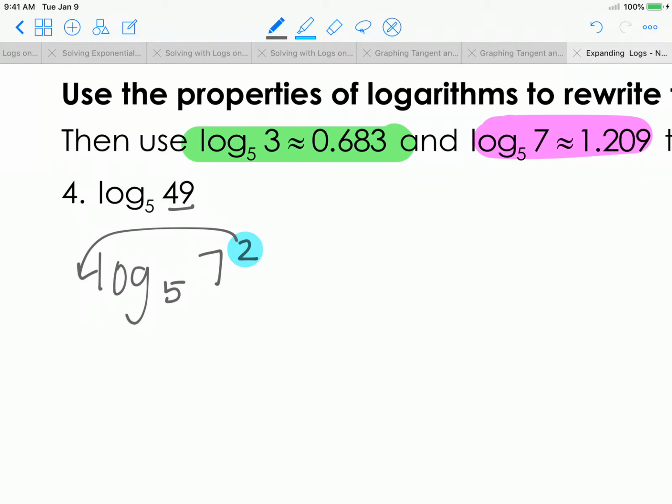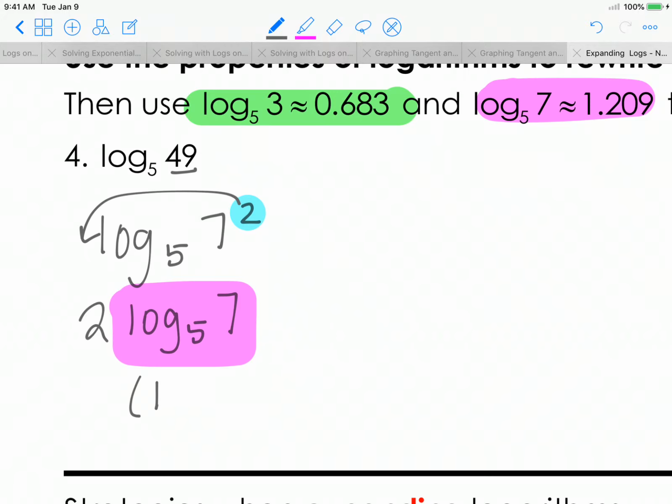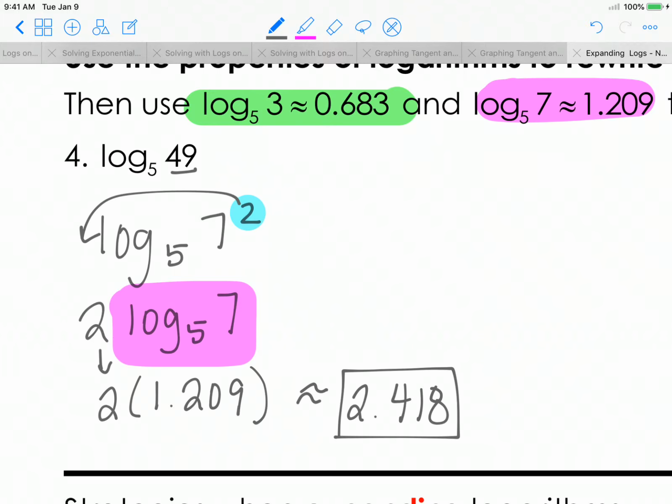So we move it to the front, and we get 2 log base 5 of 7. Well, what do we know about log base 5 of 7? We know it is approximately 1.209, and we have our 2 in front. So if we multiply 2 times 1.209, we get approximately 2.418. And that is our answer.